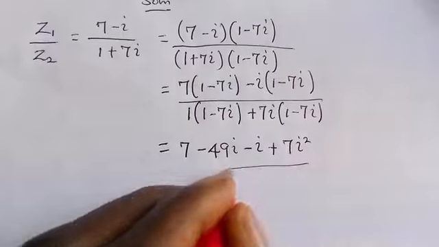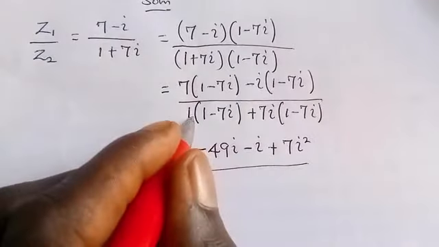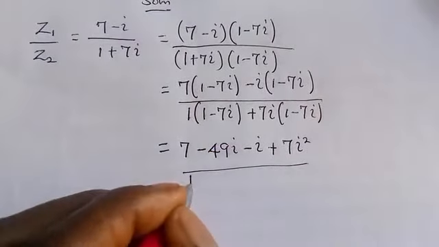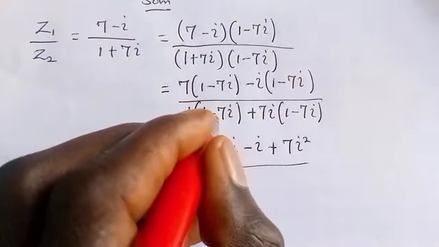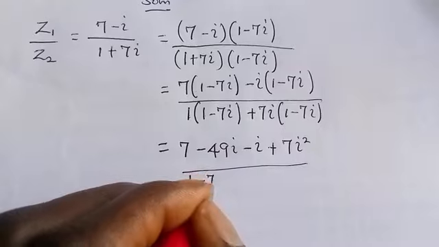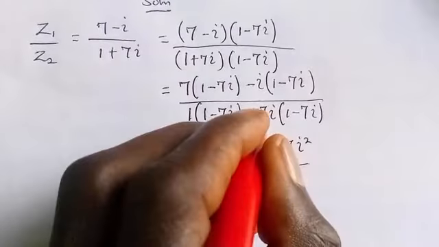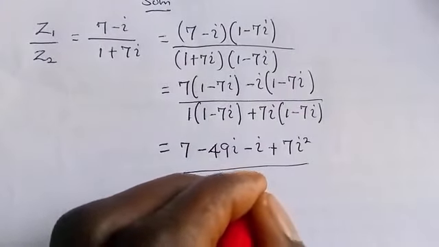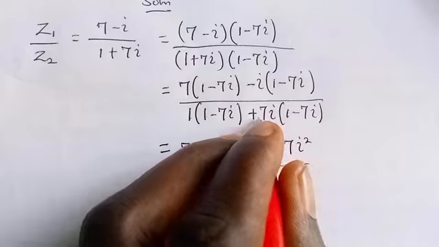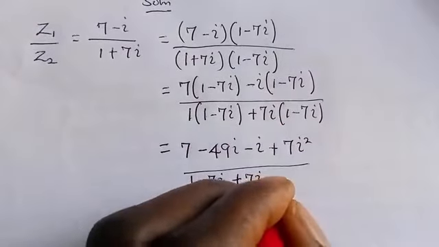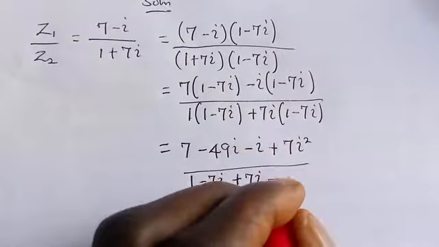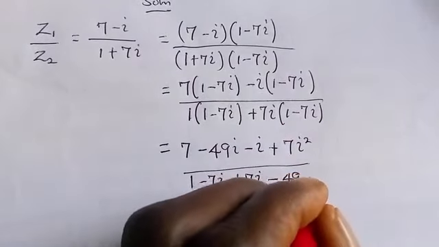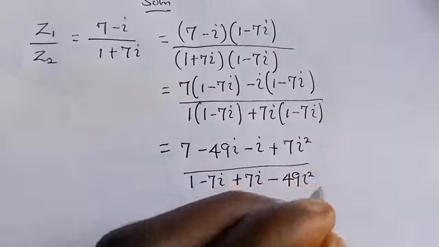All of this will divide the denominator. 1 times 1, we have 1. 1 times minus 7i is minus 7i. Plus 7i times 1 is plus 7i. Plus times minus, we have minus. 7i times 7i, we have 49i squared.